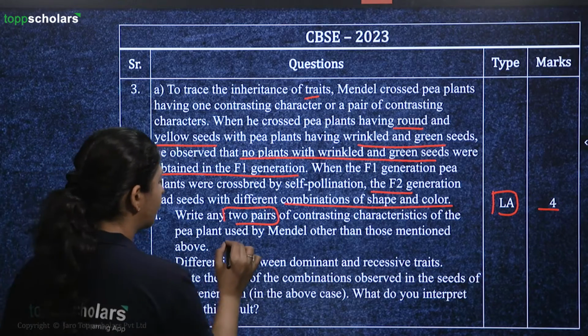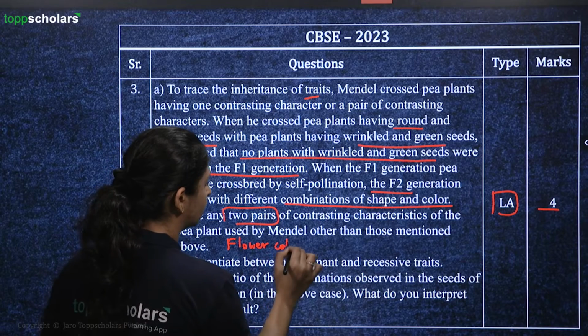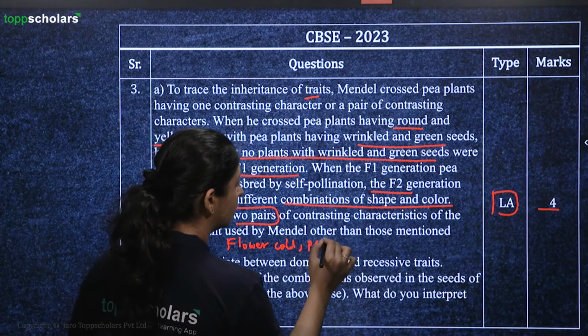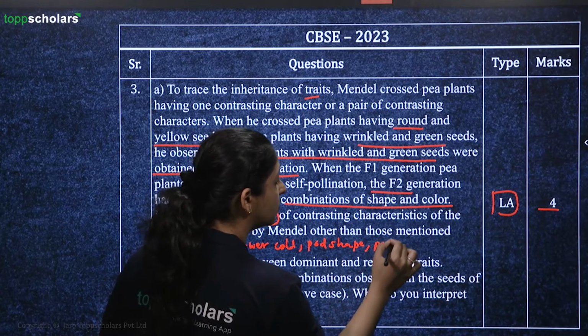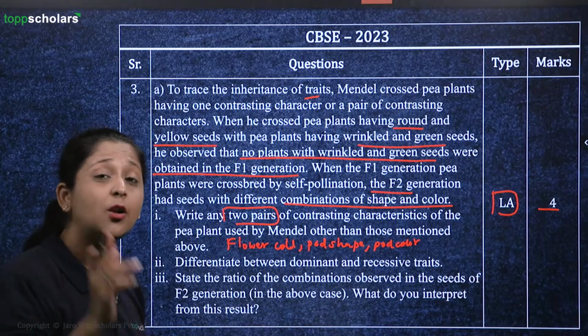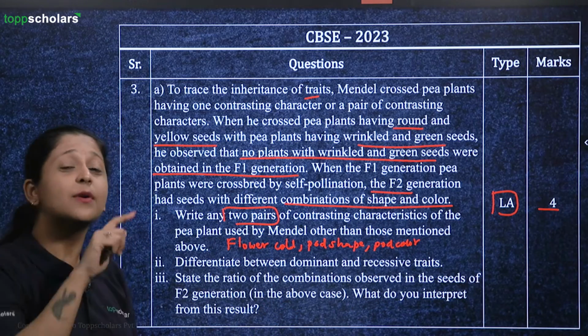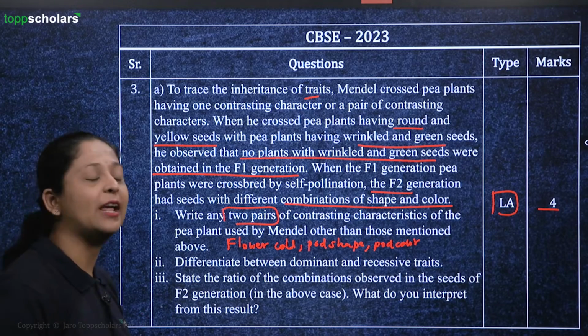Mendel also observed the flower color, pod shape, pod color. All of these traits were observed by Mendel. Mendel observed 7 traits. You must have seen a table given in your textbook. Memorize that table. It will be really helpful.